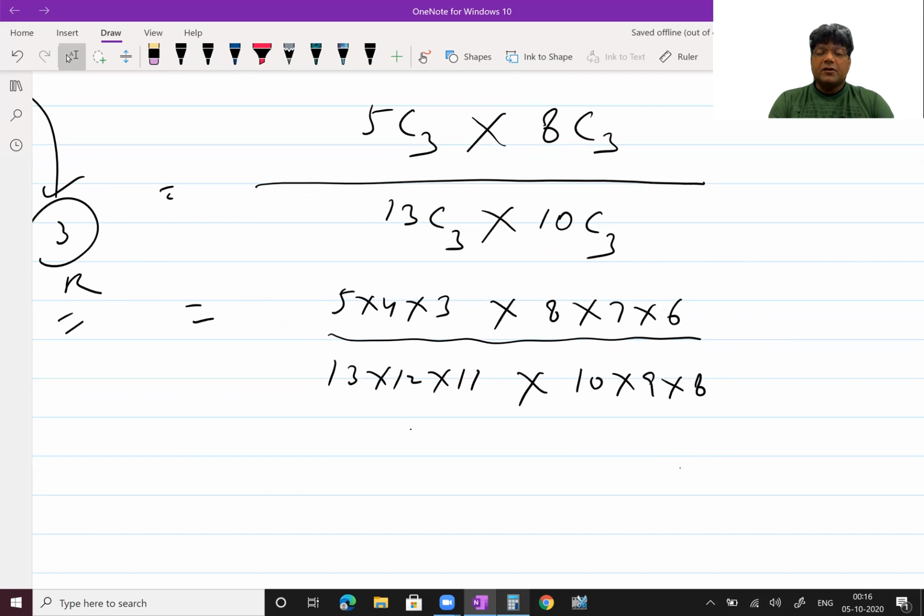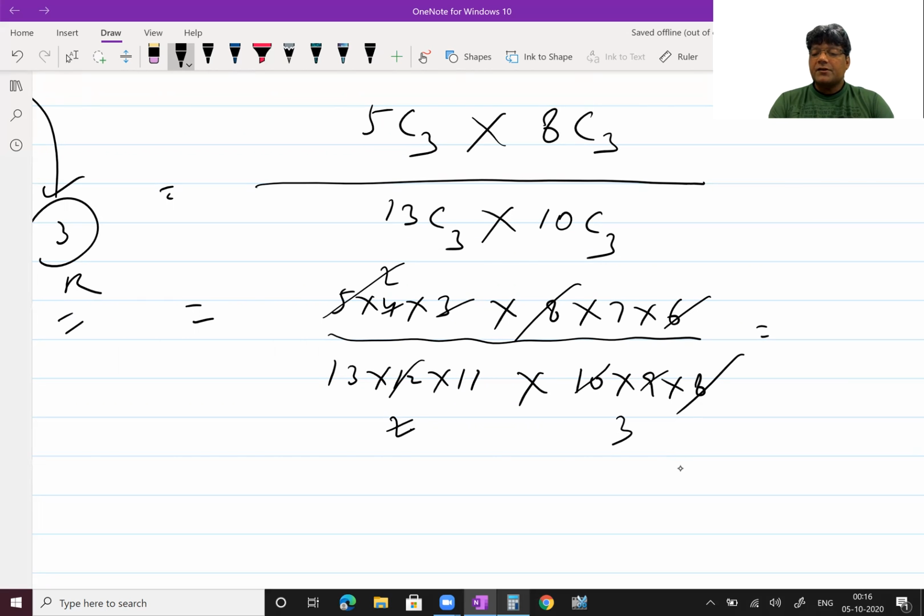And now we will do the cancellation. Where will it be cancelled? This 8 and 8 gone. Then this 6 and the 12 gone, and 2 and the 4 gone. Now 5 into 2 is 10, 10 gone. 3 3s are 9 gone.